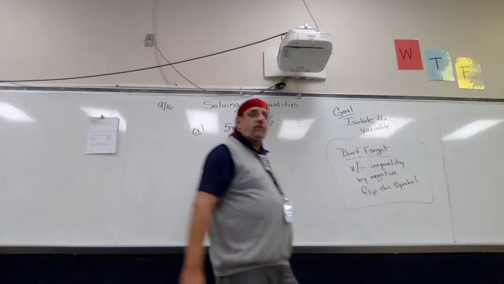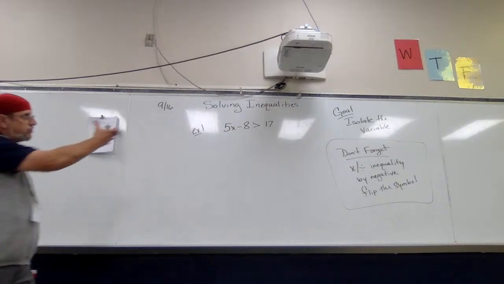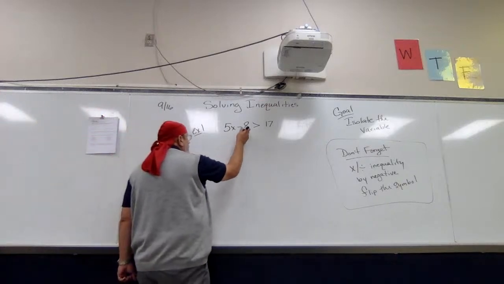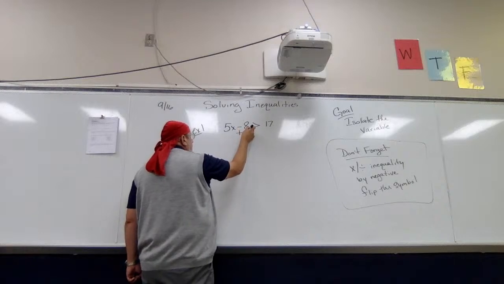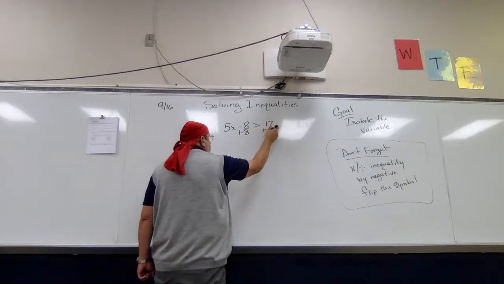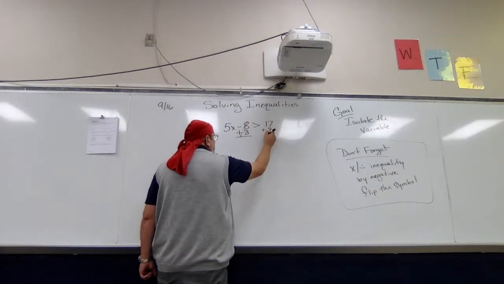So we're going to solve it the same as we always do, right? What are we going to do? Plus 8. We're going to add 8 to both sides. We're going to show the opposite of -8, which is +8, right?